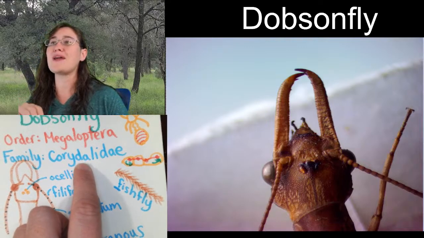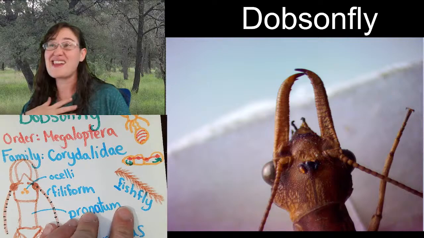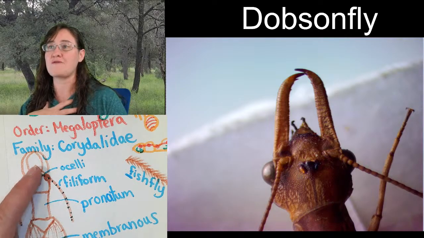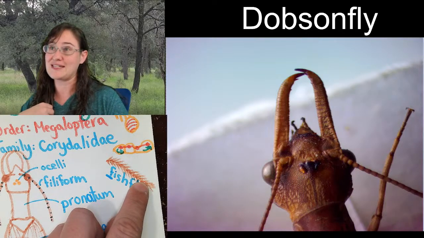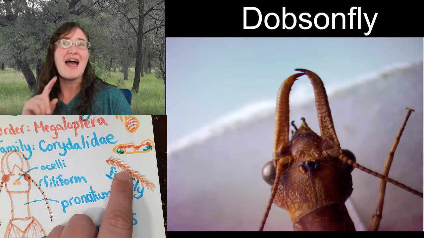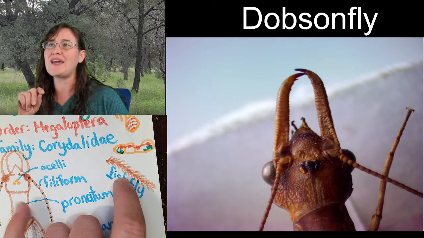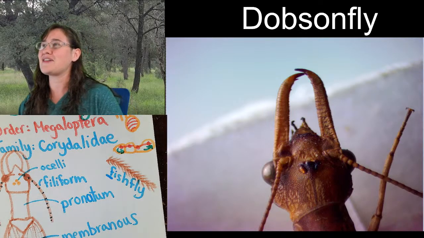If we want to separate the difference between a Dobsonfly and a fish fly, the way that I was always told is that Dobsonflies have these long filiform antennae, and fish flies have feathery antennae. If you look at most fish flies, that is the case. I believe there is actually a spring fish fly that has filiform antennae that breaks the rule that I learned about recently.